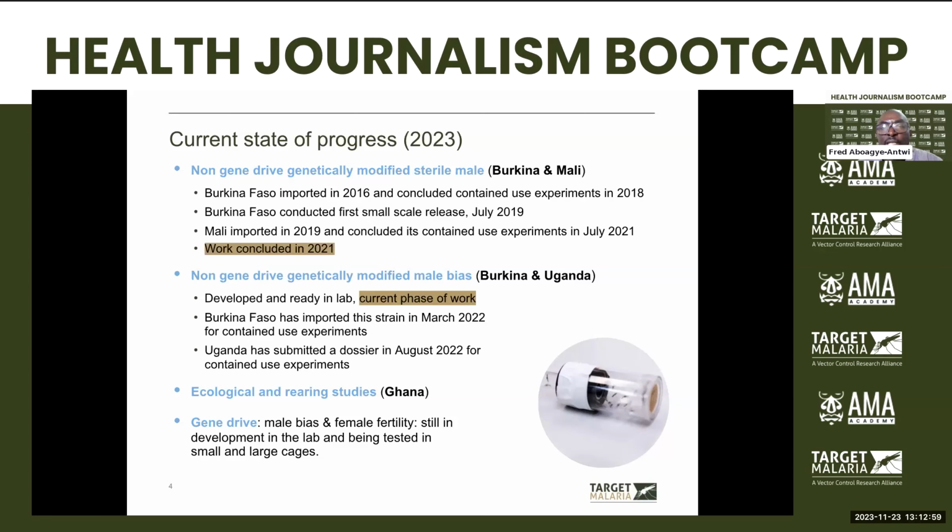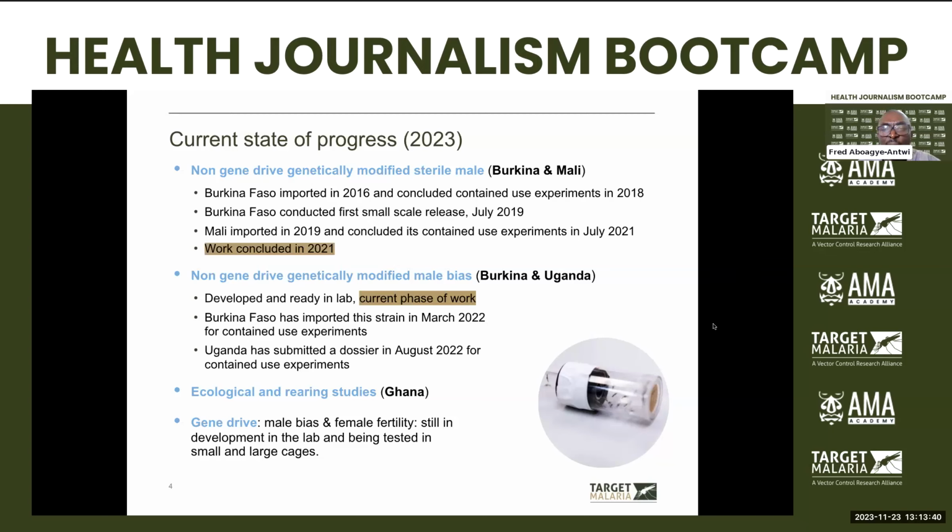And in July 2019, the first small-scale release of modified mosquitoes, which were not gene-drive mosquitoes, was carried out in Burkina Faso. In Mali, they imported the first modified mosquitoes into the country in 2019, and they concluded contained use experiments in July 2022. In that same year, the work in Mali was concluded.